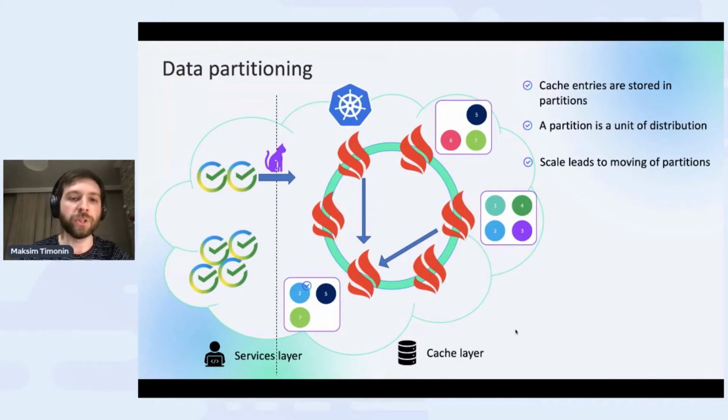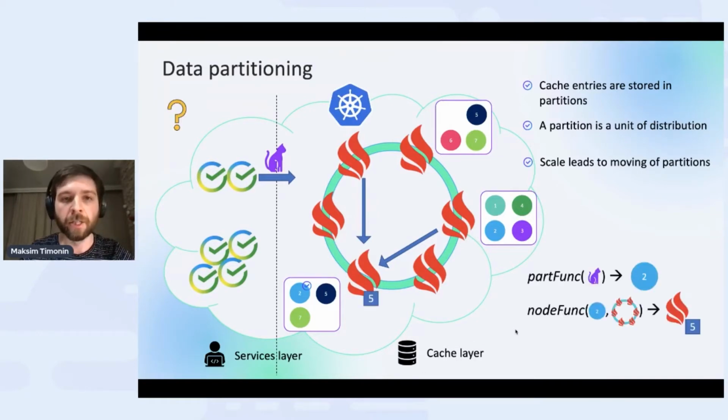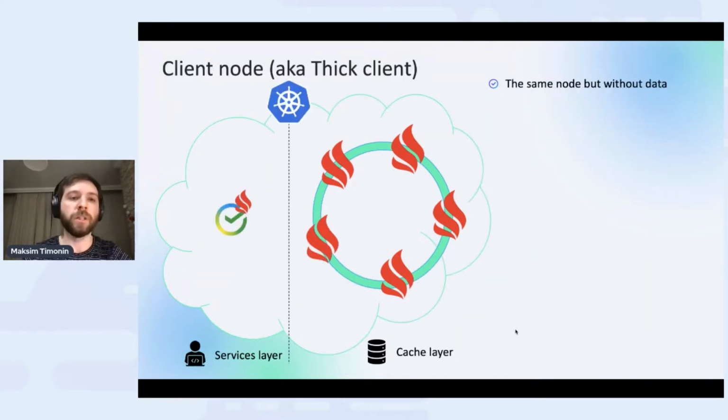Now we need to understand what exactly is going on on the client side. Ignite supports some types of client applications, and the first choice you have is running a client node. You can think of a client node as a server node that does not store any data.